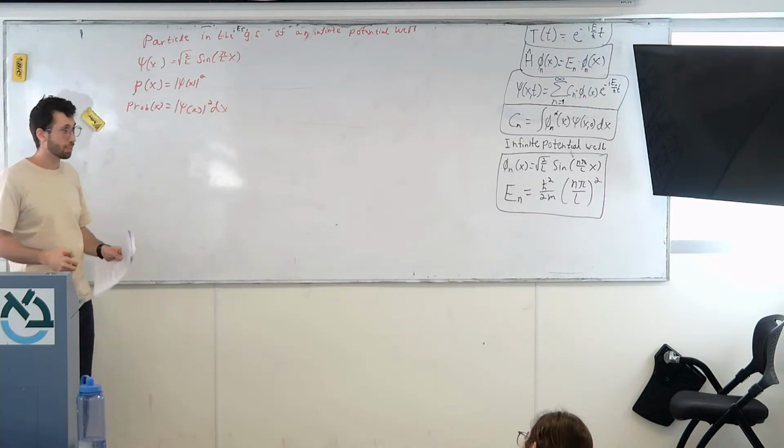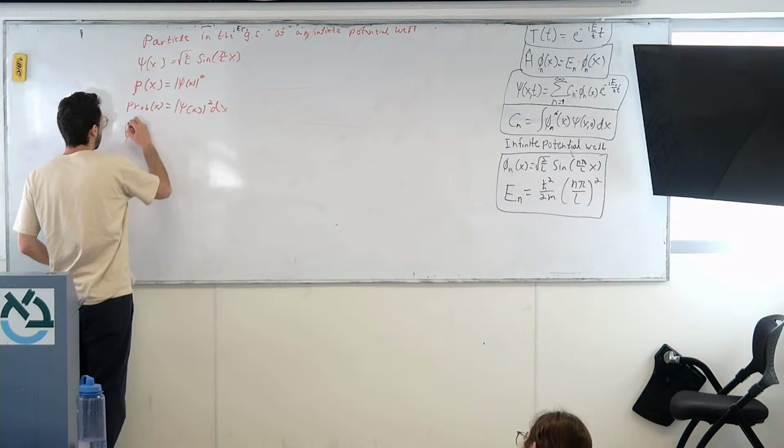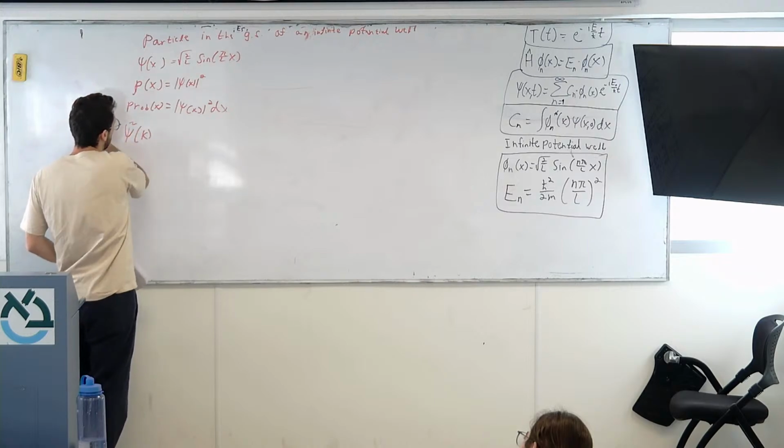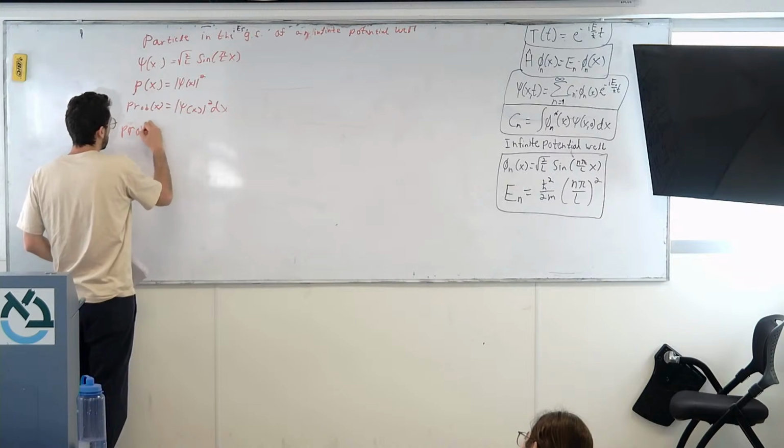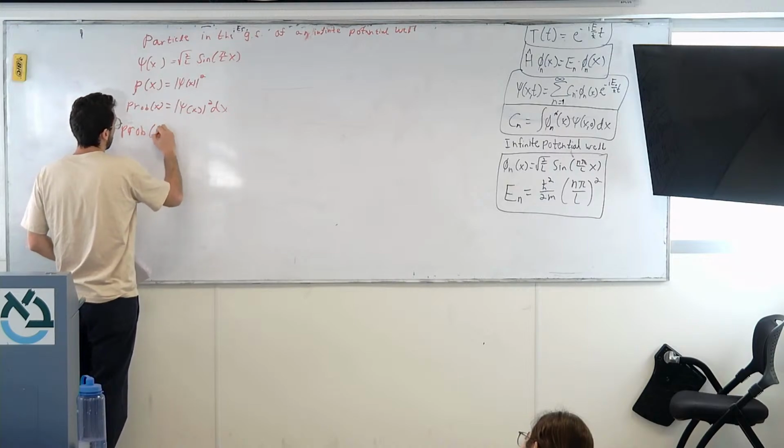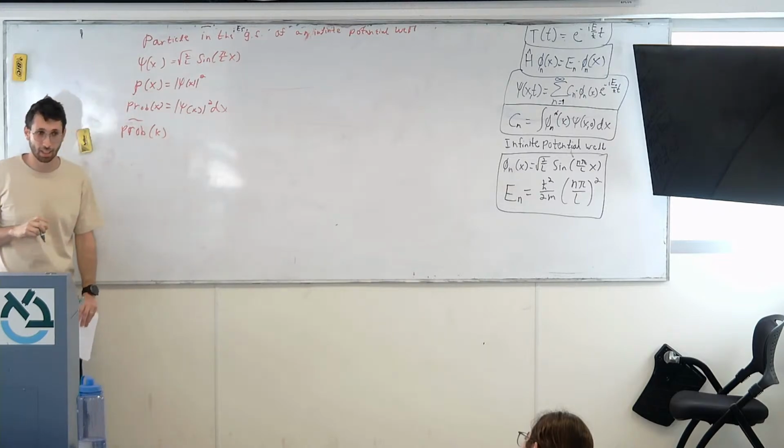We want to find psi tilde of k, or to be more precise, the probability distribution of k. Let's put a tilde because it's k in k space.